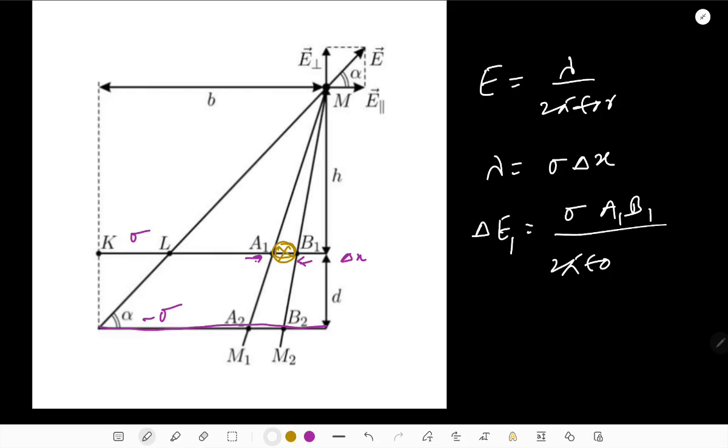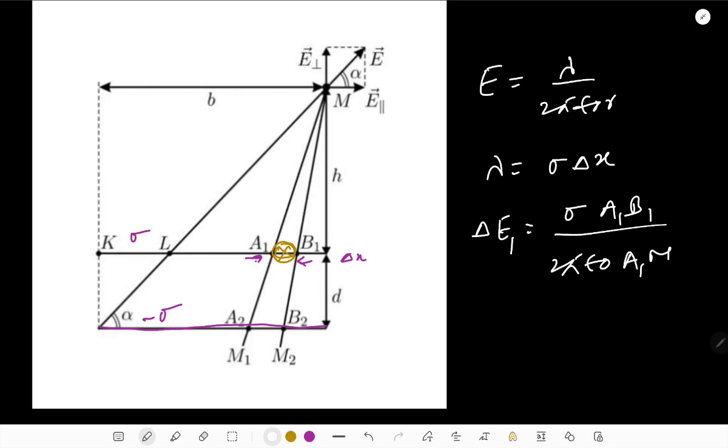You can take either A1M or B1M because the thickness is quite small. So I'm going to write A1M. This is the distance from here to point M.